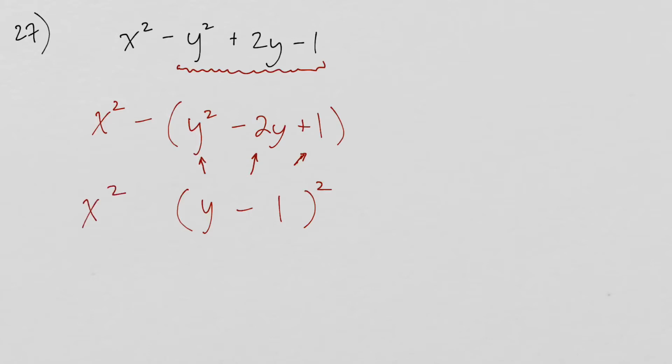So I have the difference of two squares, which is going to give me conjugate pairs.